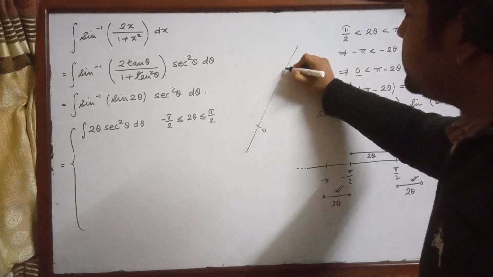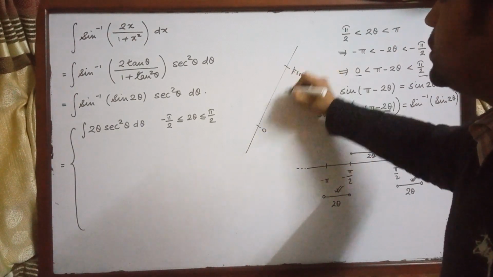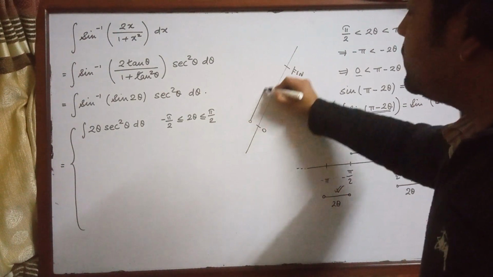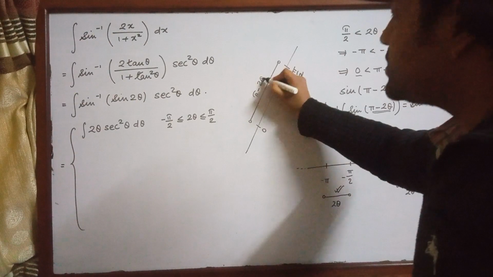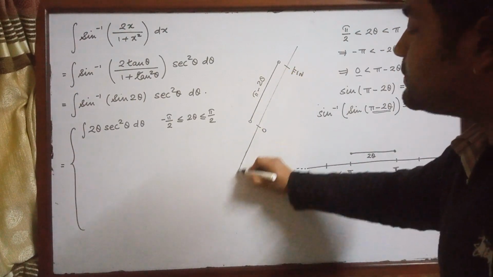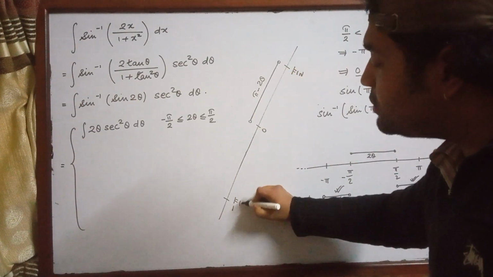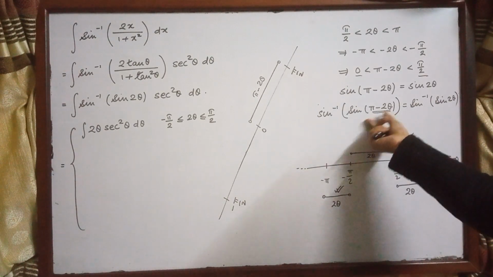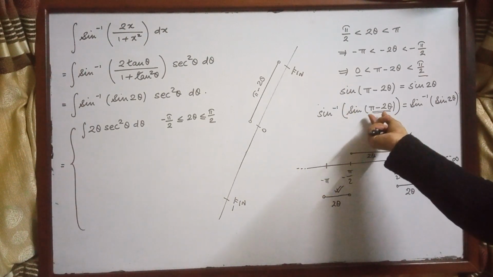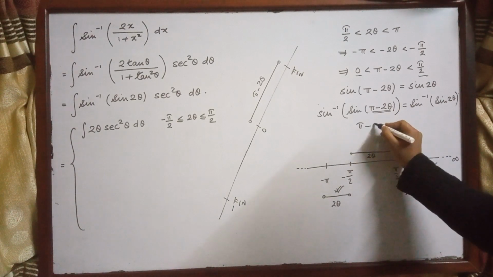Here's 0, here's pi over 2, between these two values, so it is between minus pi by 2 and pi by 2, so it's okay to take sine inverse sine of this thing as pi minus twice theta.